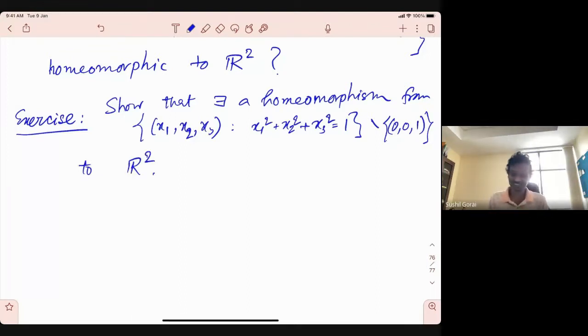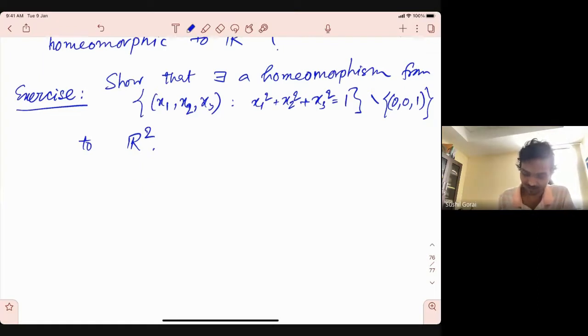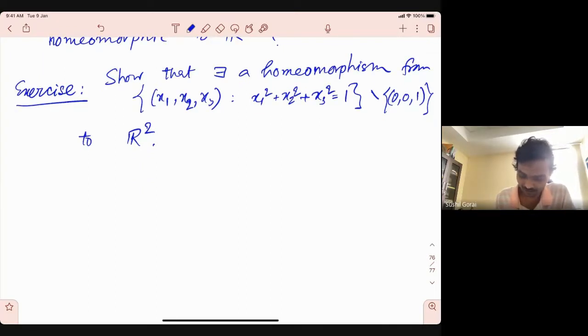This is quite an interesting question. If anybody tries and can't do it, let me know. Of course, I don't want to discuss this here in class, but I'll give some time to discuss it.